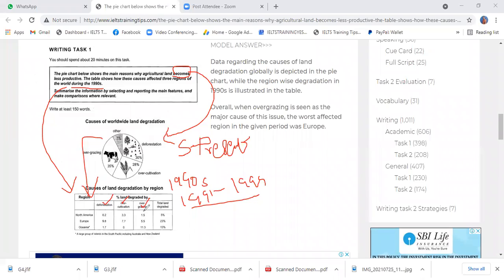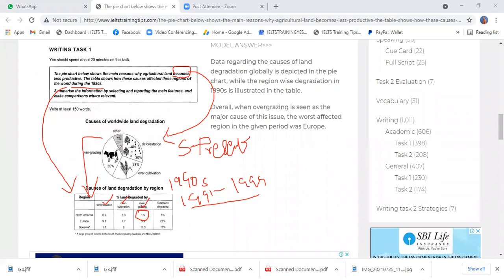But you can definitely say, for example, overgrazing is the major cause of land degradation. And due to overgrazing, you can say in North America, 1.5% of the total agricultural land was degraded. You can say that. Definitely.